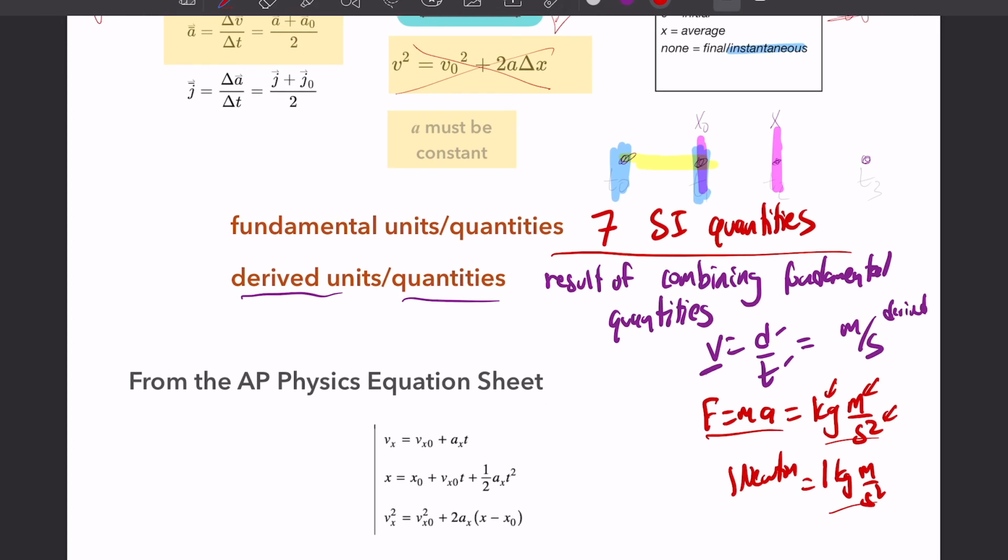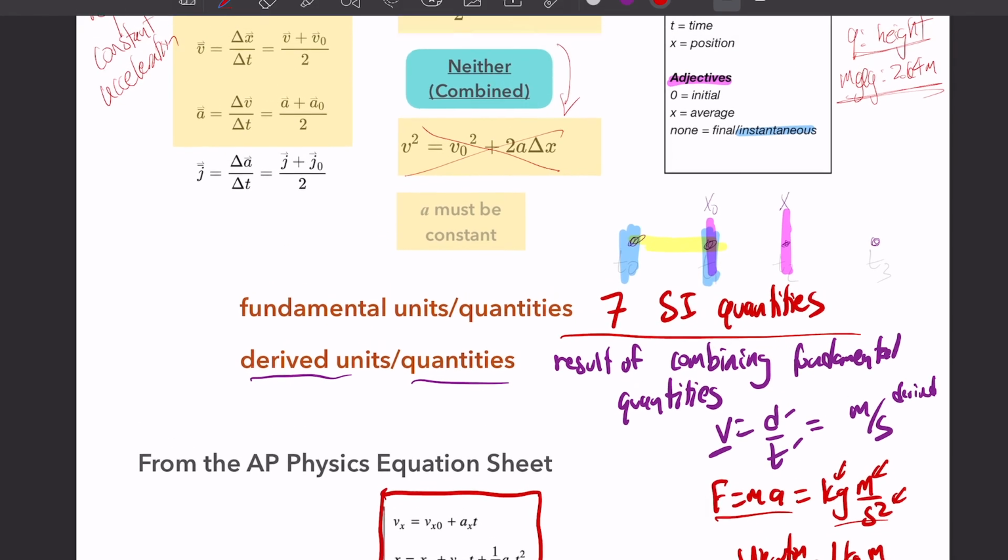As an overview and perspective, I want us to get used to this: formulas are not an end unto themselves. They represent ideas and the understanding of ideas. On the AP equation sheet, which all of you probably have already, of all the formulas I just listed above, these are the only ones that are present.